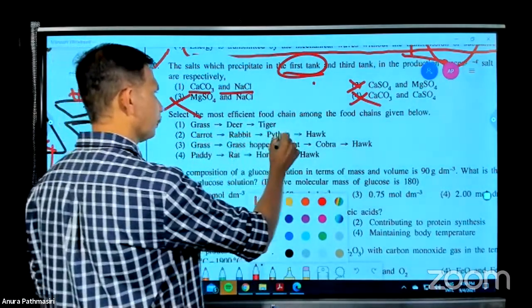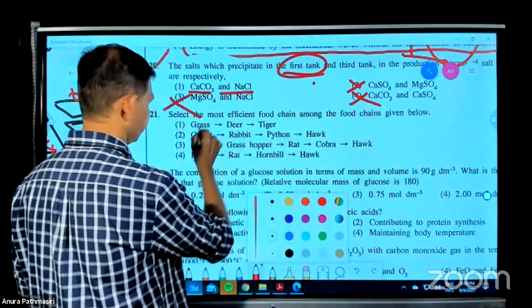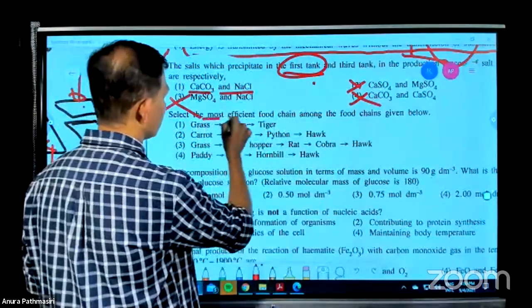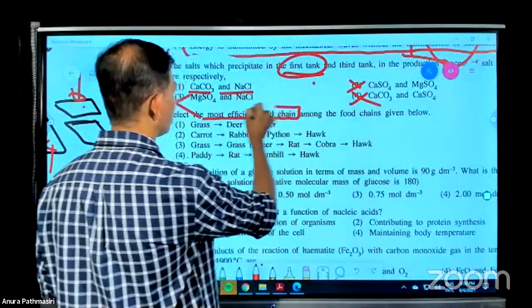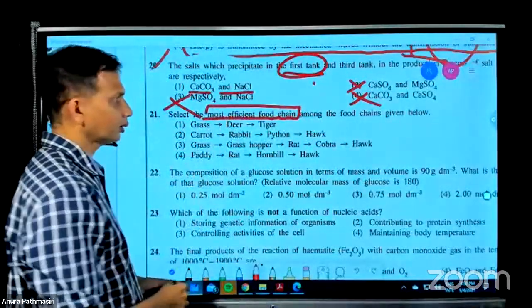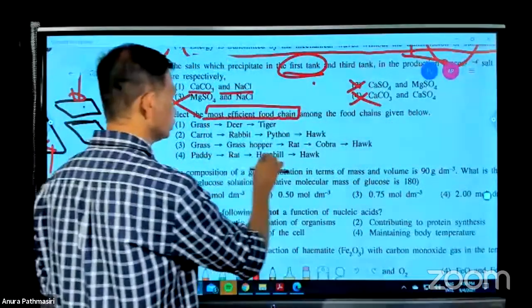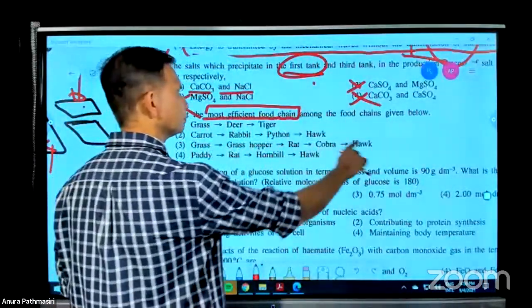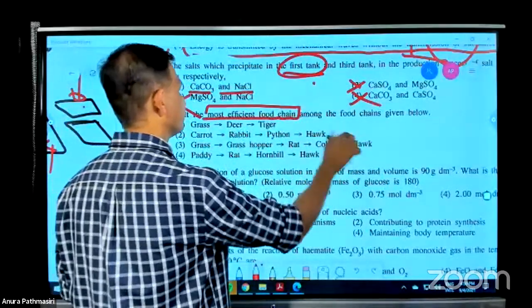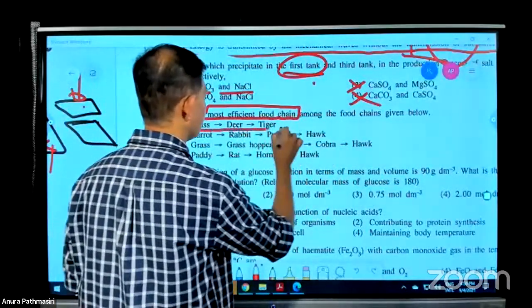Carrot, rabbit, python, hawk. Most efficient food chain, right? Among the food chains given below, all these have 1, 2, 3, 4; 1, 2, 3, 4, 5; 1, 2, 3, 4. So this is the third one.